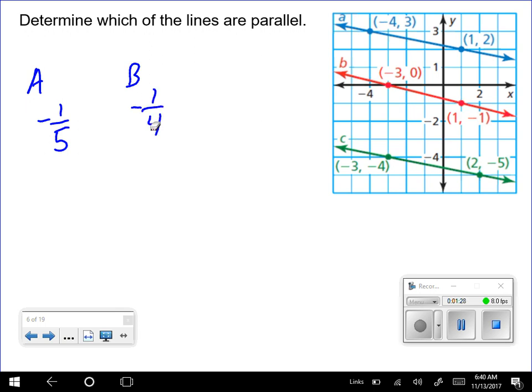Those are not parallel because they don't have the same slope. Eventually, these would intersect if they continued on forever. And then C, 1 down, 1, 2, 3, 4, 5 over, so that would be negative 1/5. So A and C would be parallel.